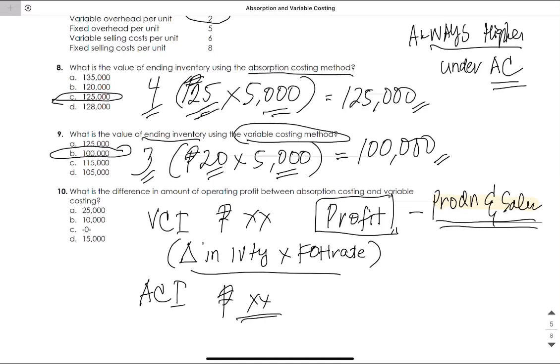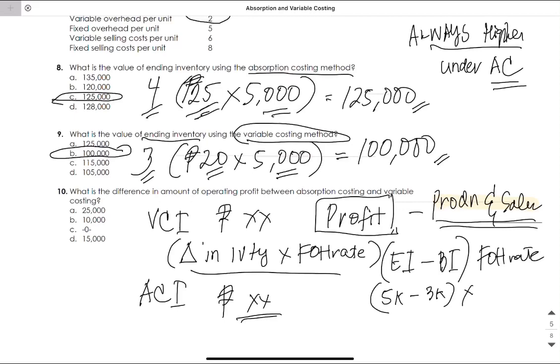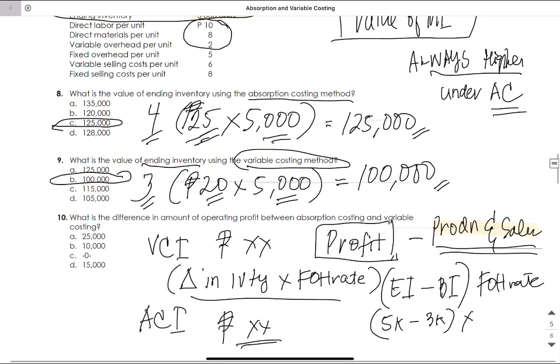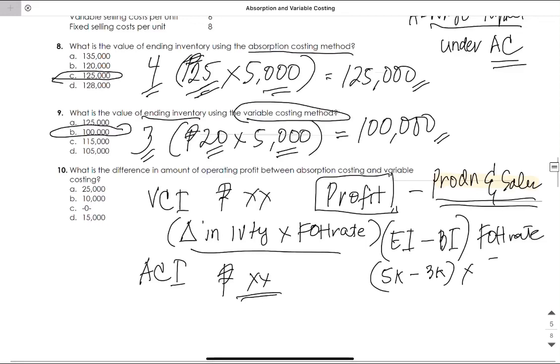You compute it as ending inventory less beginning inventory, multiplied by the FOH rate. This is an alternative way to compute the difference if production and sales are not provided. So ending inventory is 5K less 3K, multiplied by the FOH rate of 5. So definitely this is 2,000 times 5, which is 10,000. So the answer is letter B.